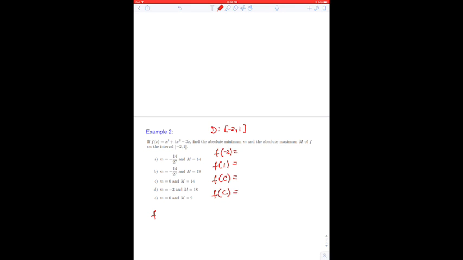Let's find critical points. The derivative is 3x squared plus 8x minus 3. Now, for the critical points, I need the derivative to be 0. The derivative is 0 if and only if 3x squared plus 8x minus 3 is 0.